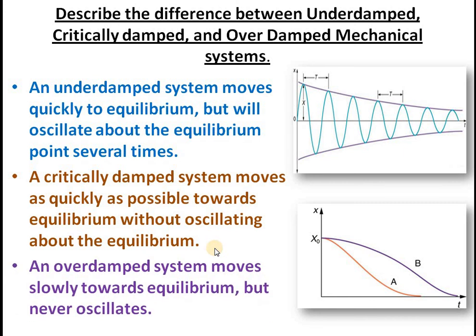The third case, the violet one, is an overdamped example. An overdamped system moves slowly towards equilibrium but never oscillates. You can understand the difference between a critically damped and an overdamped example. In overdamped, it takes a lot of time to come to equilibrium, whereas for a critically damped case, the oscillator comes as fast as possible to equilibrium.